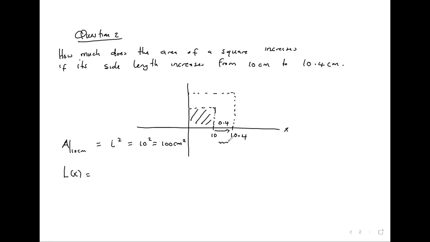Because the area is L squared, you can form a function f of x to be x squared. And then you get f of a plus f prime of a times x minus a.